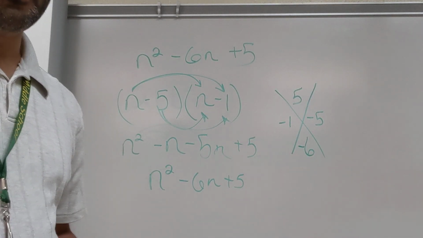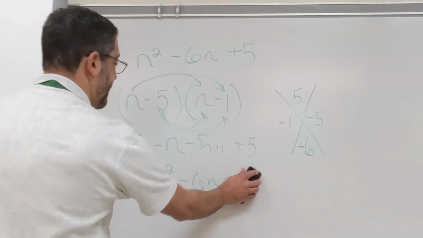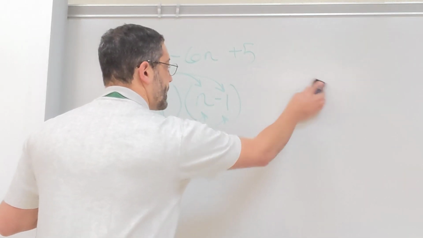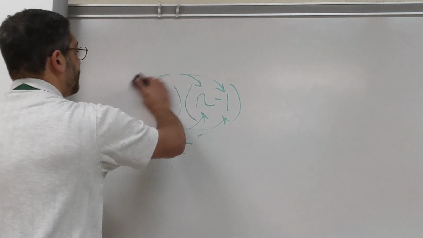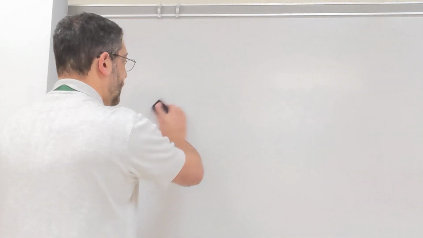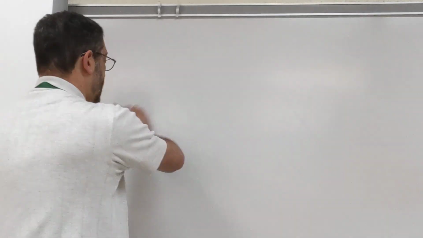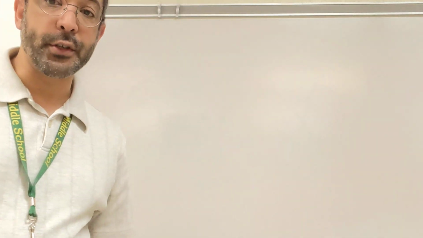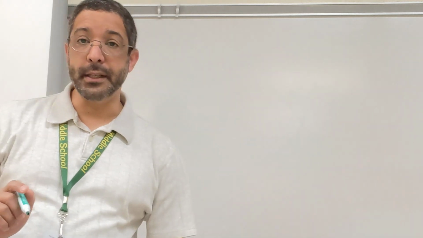All right, so what we're going to do today is what we call the sum and difference of squares. And the sum and difference of squares is not that difficult. In fact, it's already pretty similar to what you've been doing.